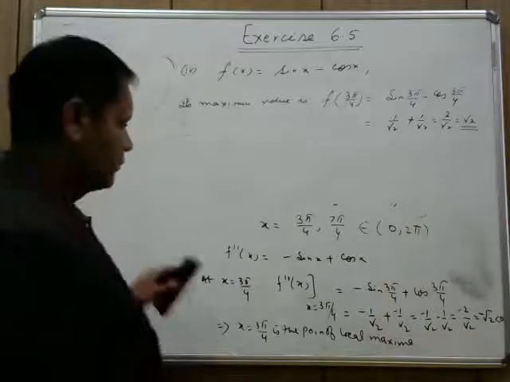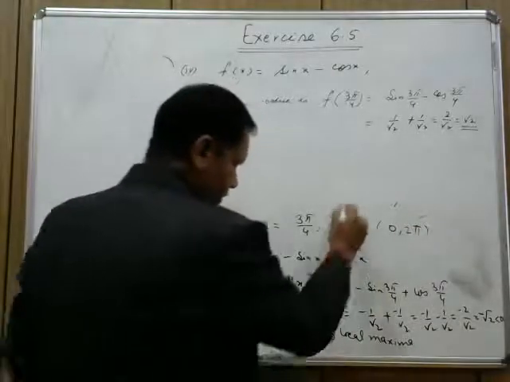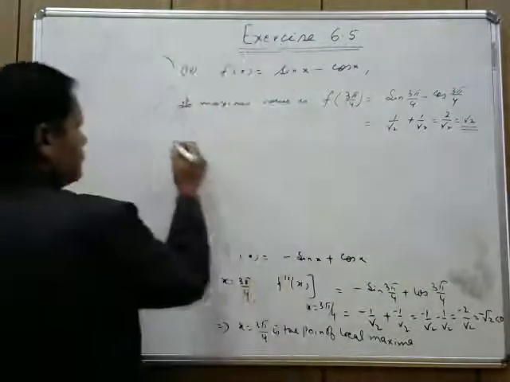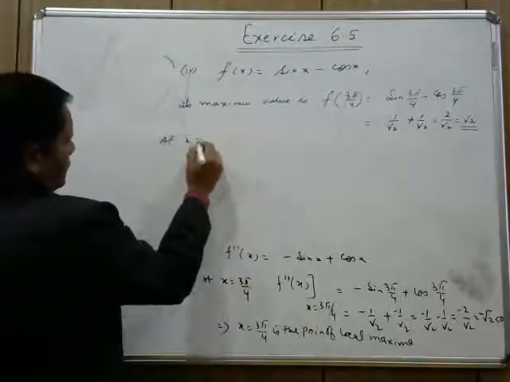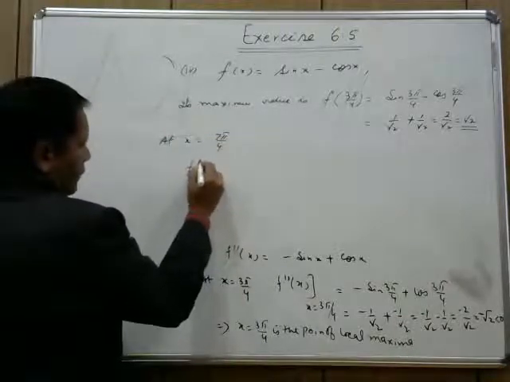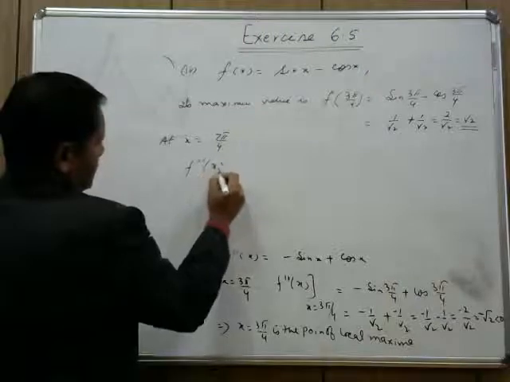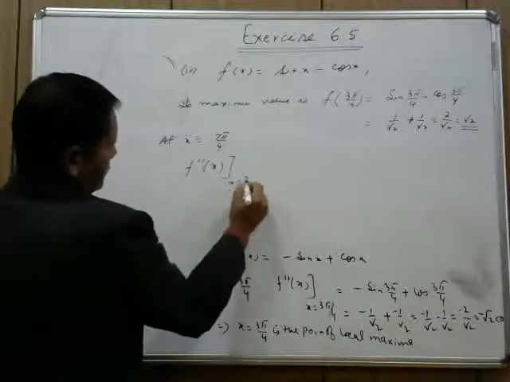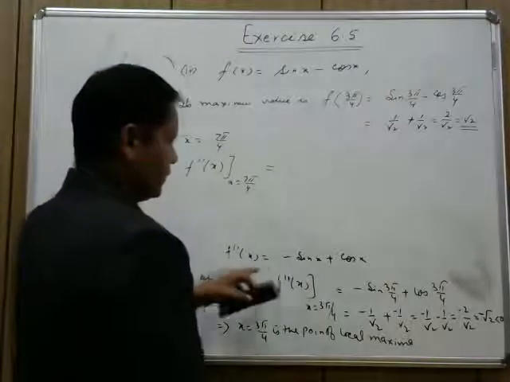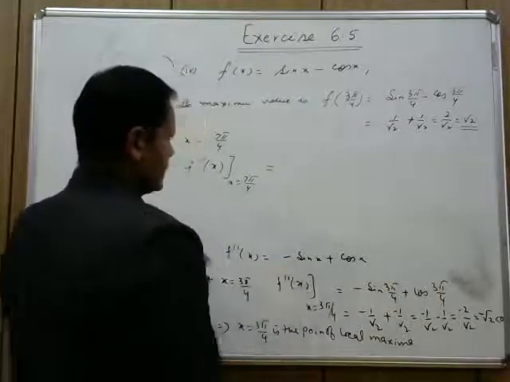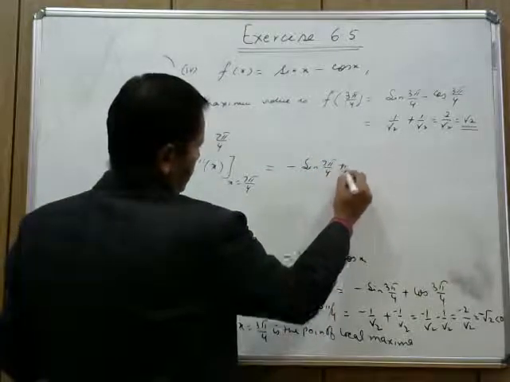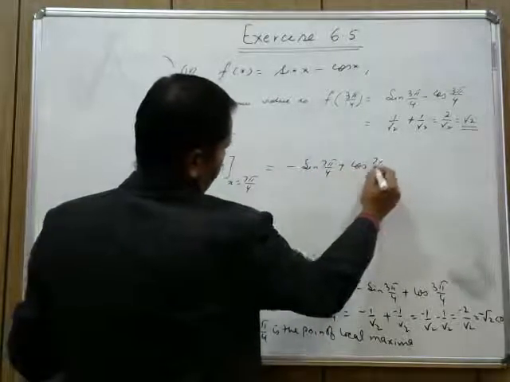Now, I'll check it at the second point, that is 7 pi by 4. Right? Now, at x is equal to 7 pi by 4, we'll find f double dash of x, and f double dash of x was minus sin x, that is minus sin 7 pi by 4 plus cos 7 pi by 4.